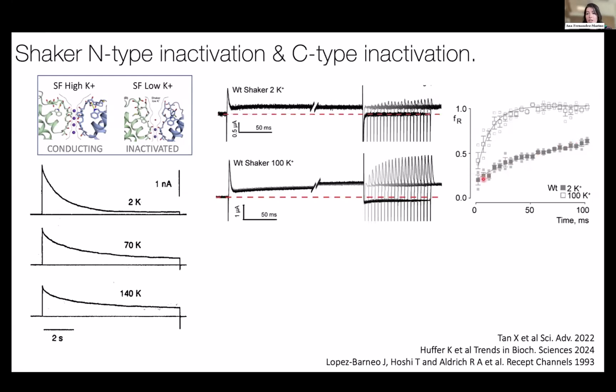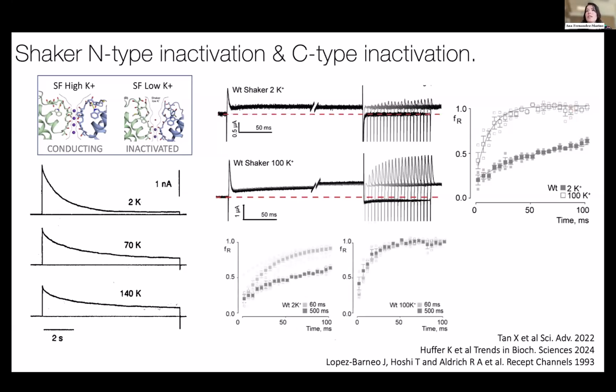So you can see how the fraction of channels that recover in low K when I allow channels to undergo C-type inactivation is less complete than when you have high K or when I do the experiments with shorter protocols. So this is the recovery in low K with the shorter protocol, 60 milliseconds. But when I increased the length of the protocol to allow the channels to undergo C-type inactivation, then the recovery is less complete.